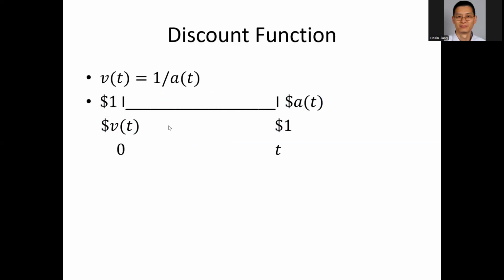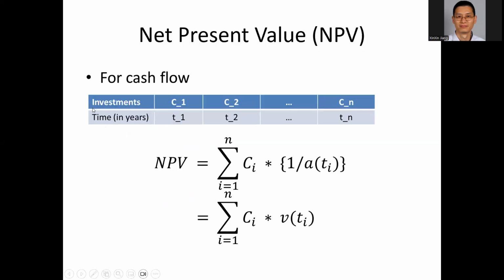Now this picture is also kind of important. So how to calculate the cash flow? Here we have the table of cash flow, times T1, T2, T sub n, and then you have C1, C2, C sub n.